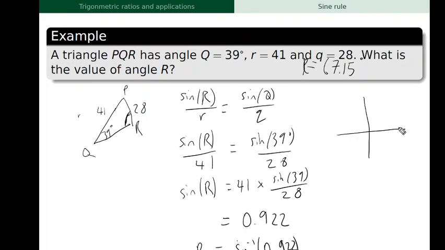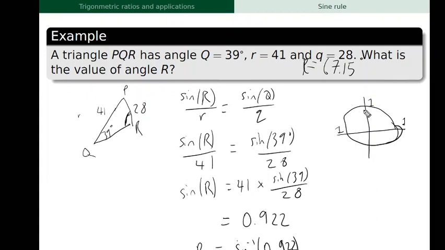The reason why it looks like my triangle doesn't work is because of something that is special to the sine rule. If you think about your unit circle, a circle of radius 1, just use your imagination that that actually is a circle. We've said that the sine of R is 0.922.